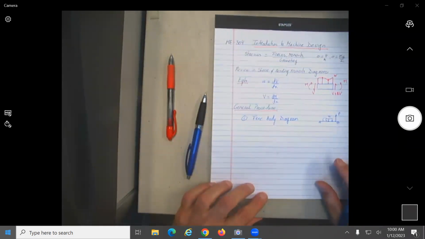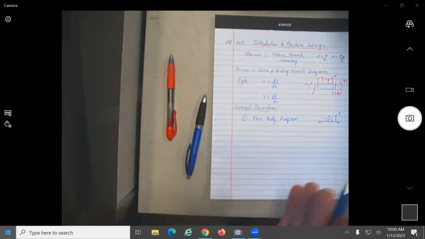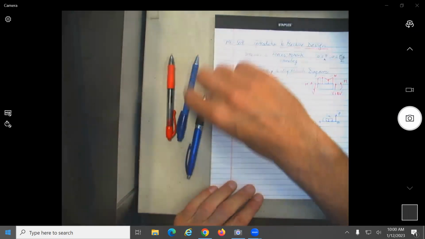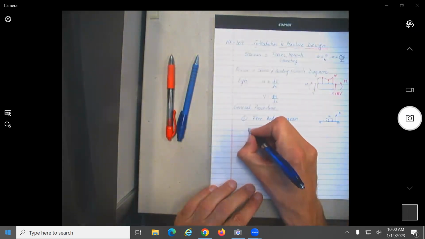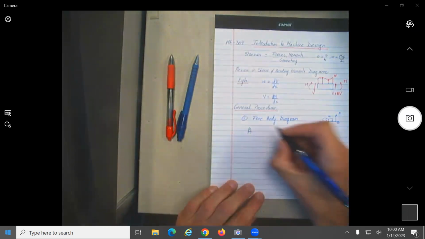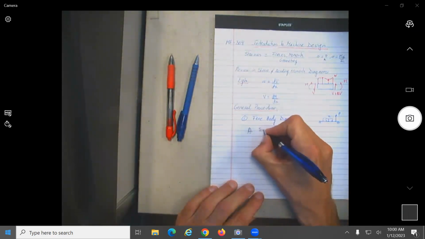So we do the free body diagram. This will not be the free body diagram. Our free body diagram should contain what? We replace this by the reactions, no? So maybe here we need to do something. For example, if you have a pin like this, what is this boundary condition called?